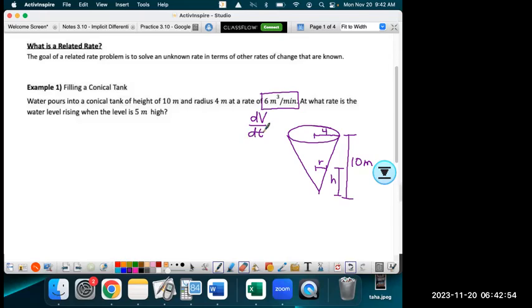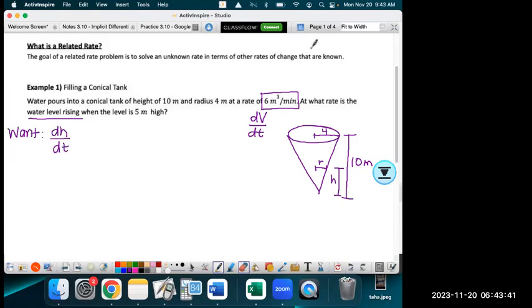And I want to know the rate the water level is rising. So rising being height, tells me I want to know the change in the height over time, dh over dt. I'm going to make that look a little prettier.